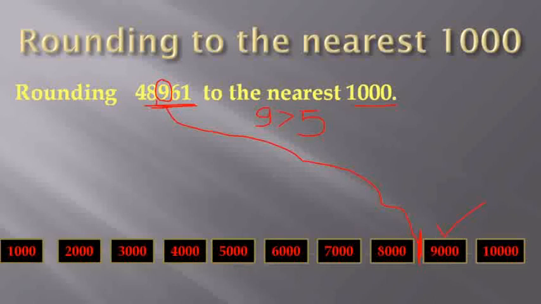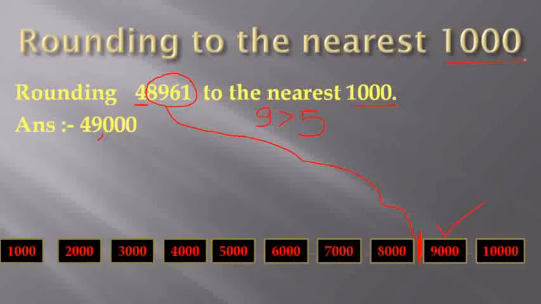So we will change this 8961 to 9000. Okay, so our answer will be 49,000. No need to change the 4. We just change the last 4 digits because we are rounding to the nearest 1000.